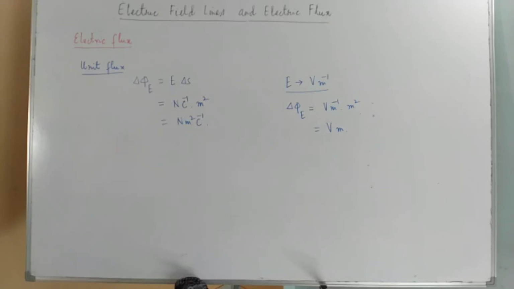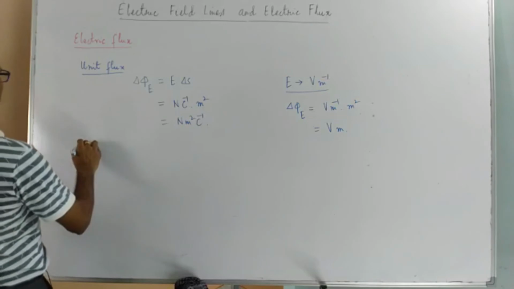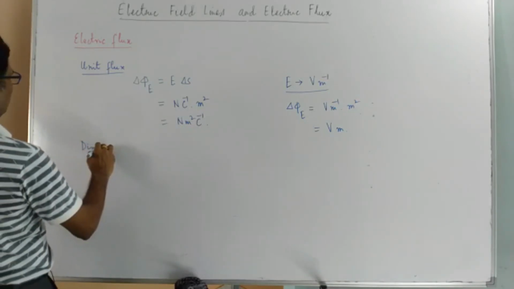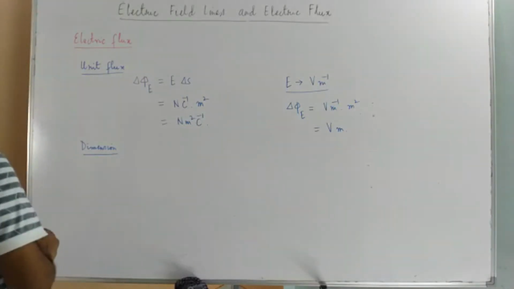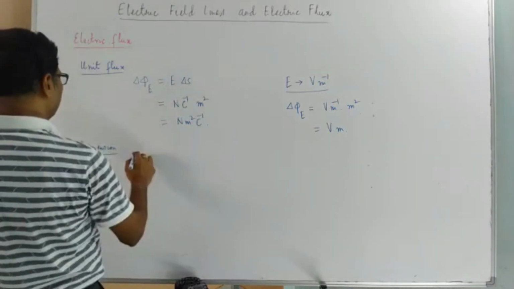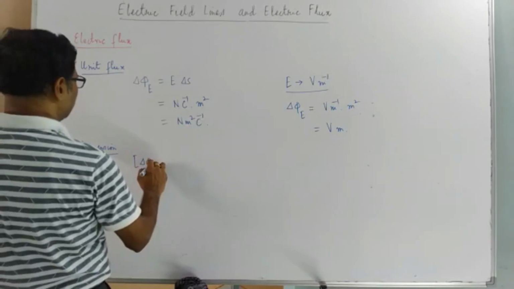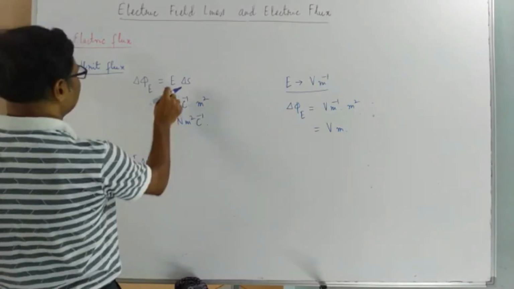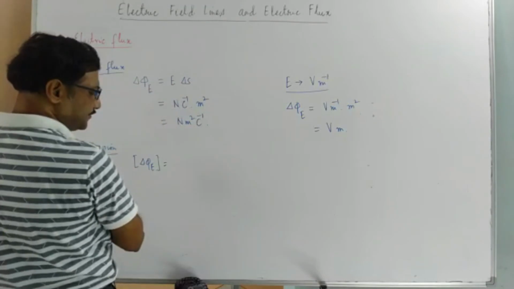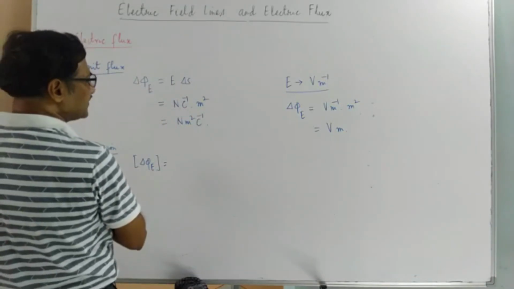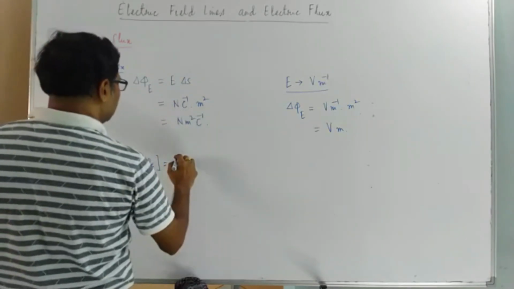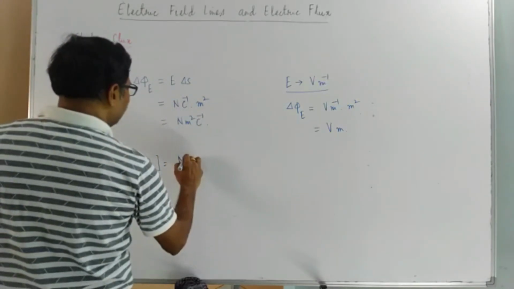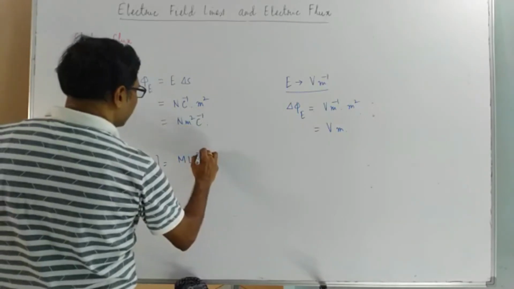Similarly, we may consider its dimension. The dimension of flux is electric field multiplied by surface area. Electric field means Newton per coulomb. Newton means kg meter per second square.